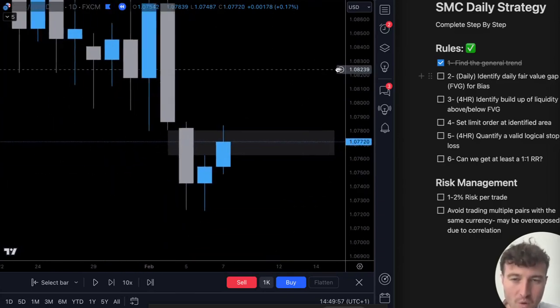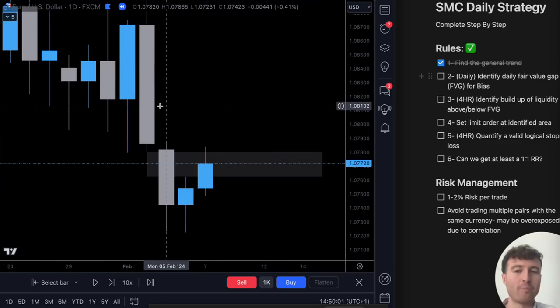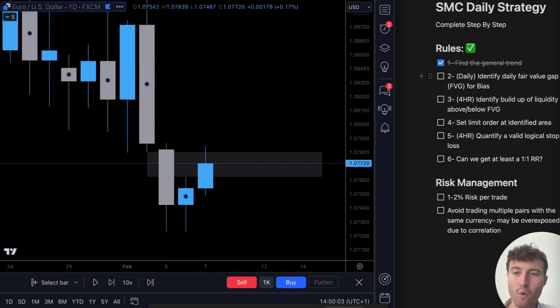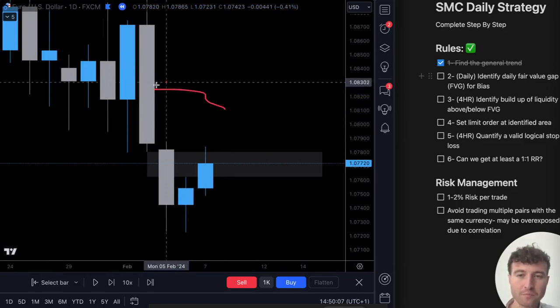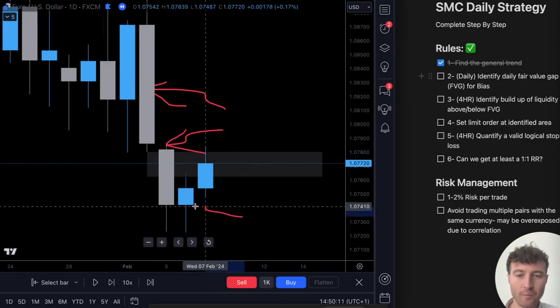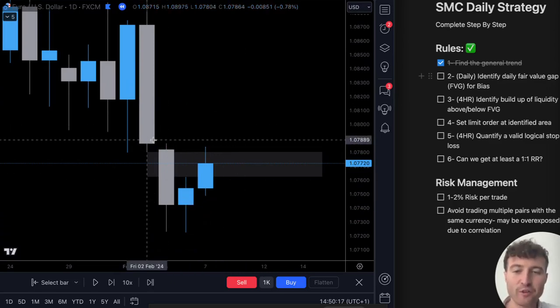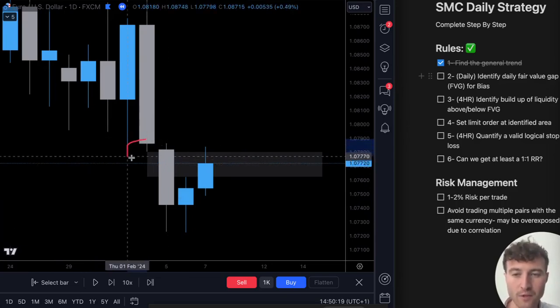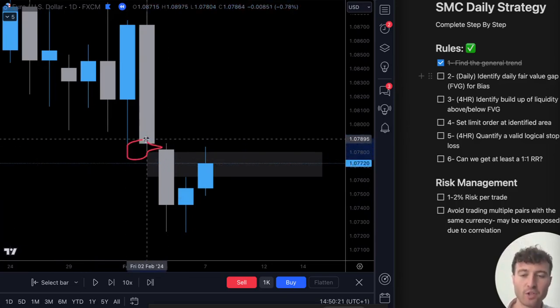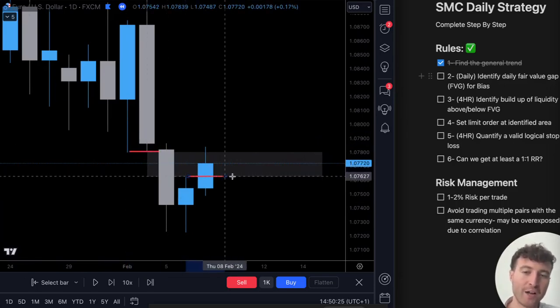And what makes this simple to identify is it's a 3-candle pattern. This is candle number 1, candle number 2, and candle number 3. Just in terms of the 3-candle pattern, you've got to ask yourself, is there a gap between the first candle's low, right here, and the third candle's high?